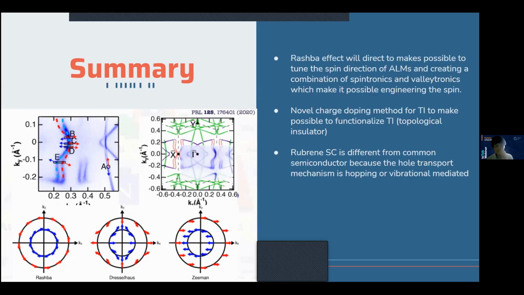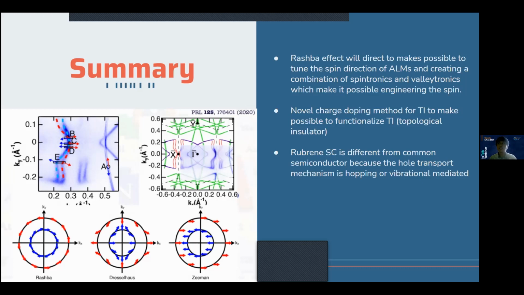Next, Sakamoto Sensei delivered a lecture about semiconductors, actually about rubrene semiconductors. Here's what is interesting about the rubrene semiconductor. It is really different from a common semiconductor because when Sakamoto Sensei delivered the lecture, he said that the hole transport mechanism between the common semiconductor and the rubrene semiconductor is totally different.